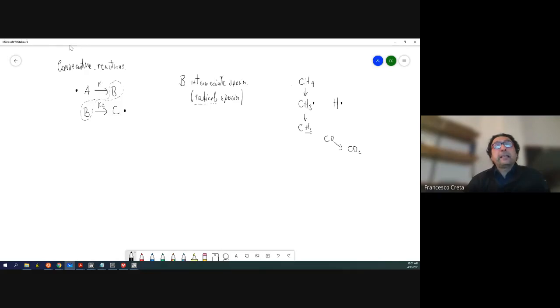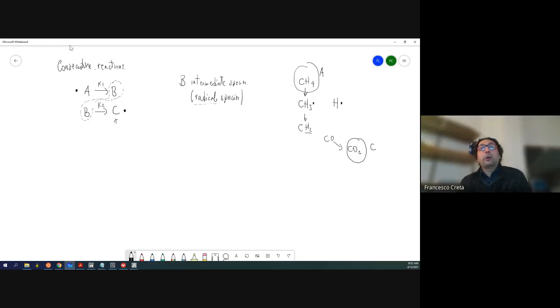So you can see that there is a bunch. This is our species A, if you will, and this is our species C, our final product. Of course, C is not carbon. C is the final species.